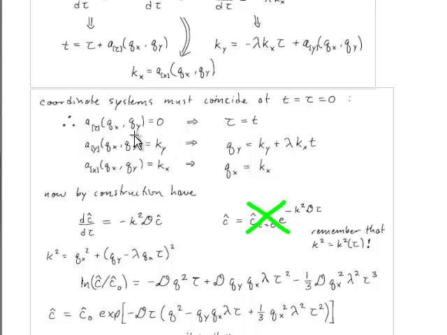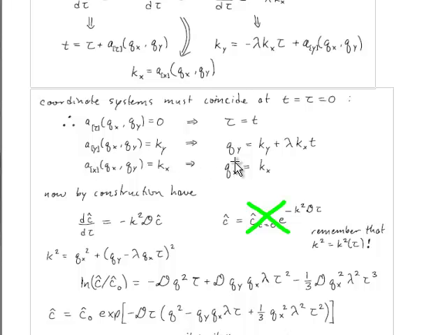And the other ones, when I plug in tau equals 0, we find that ky should be equal to the undetermined coefficient here. So ky is some function of qx and qy. And kx is also a function of qx and qy. It's a different one, actually. It comes from the x equation.